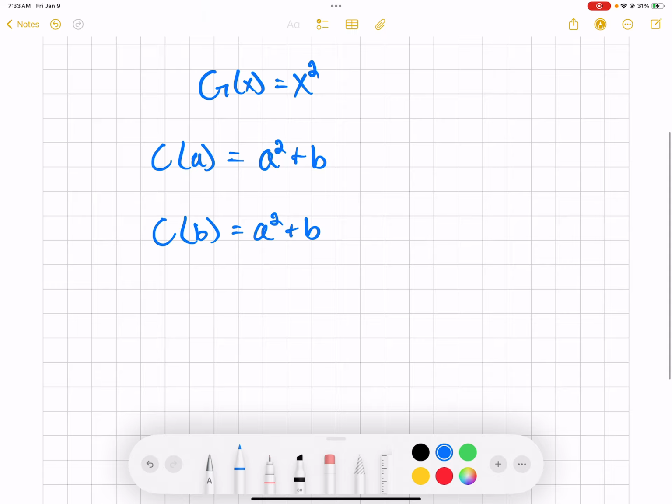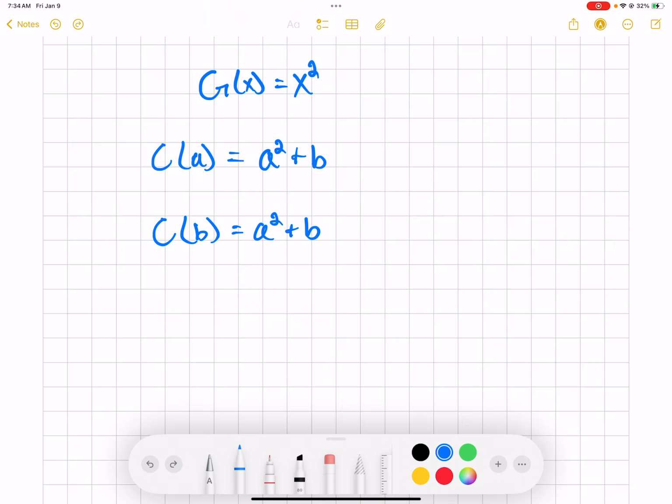Functions can have multiple input variables. A function doesn't just have to have a single input variable. For this function here, we can say both A and B are input variables. The way we could specify that, let's imagine A squared plus B, I want it to be known that neither one of these is a constant.